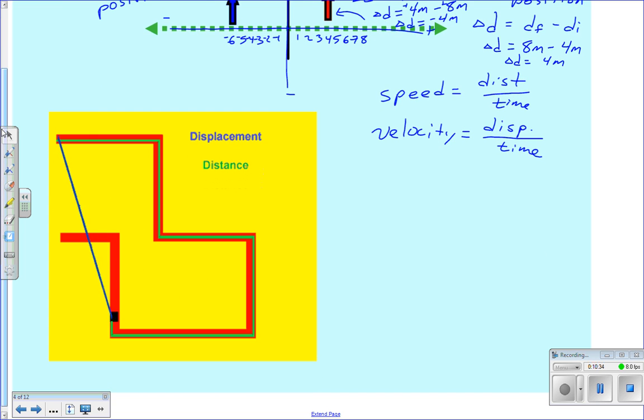I threw this GIF in here. It's a good illustration of the difference between distance and displacement. As this black dot moves around this red track, so to speak, you can see it go through this whole thing.